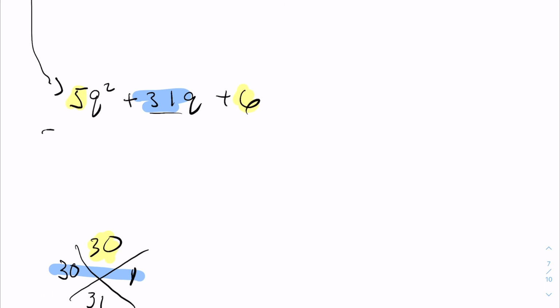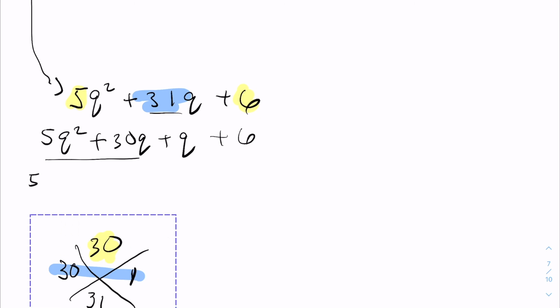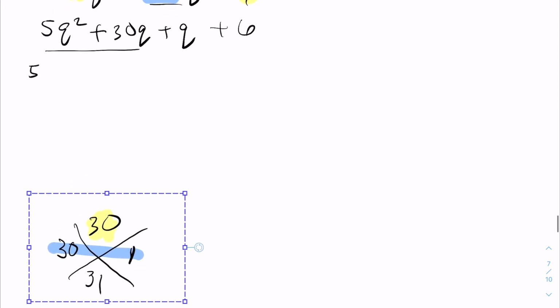So we do the replacing. 5q squared plus 30q plus 1q plus 6. Factor by grouping, and I'm going to factor out a 5q. I don't have a lot of space there, but remember my little trick I learned from before? I could actually just move that out of the way.